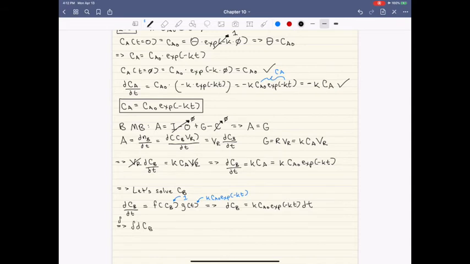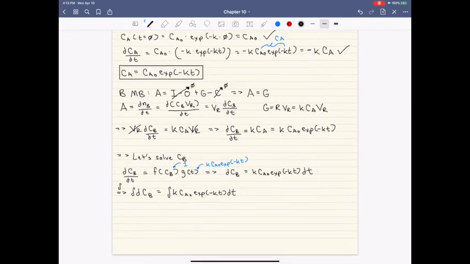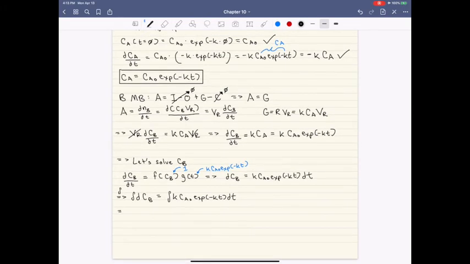So we'll integrate dCb on the left-hand side, and then we'll integrate all this stuff on the right-hand side. The integral for the left-hand side, since we're doing an indefinite integral, is just Cb.